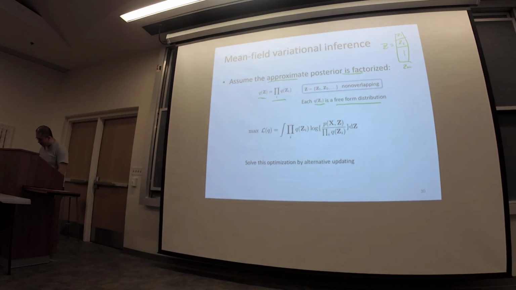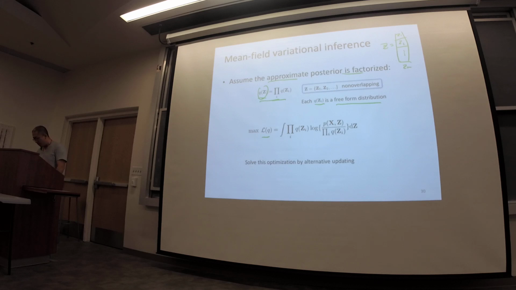Now let's look at, given this approximate posterior family, how we can conduct the updates. How can we find the optimal approximate posterior in this form? To do that, we need to maximize the variational probabilistic lower bound.